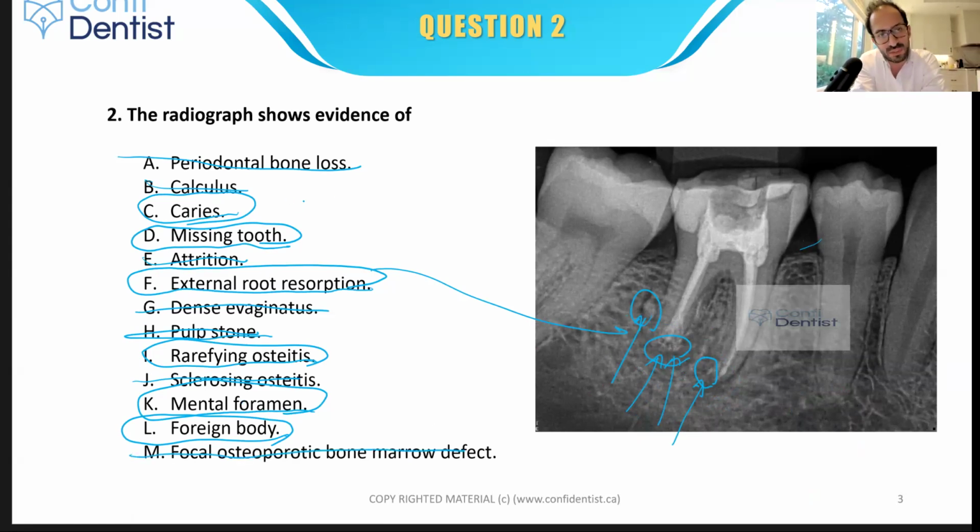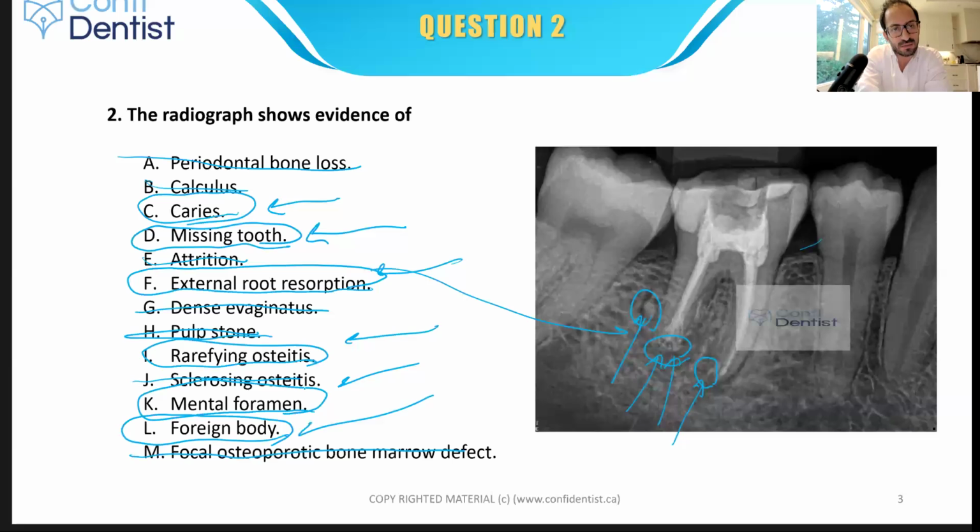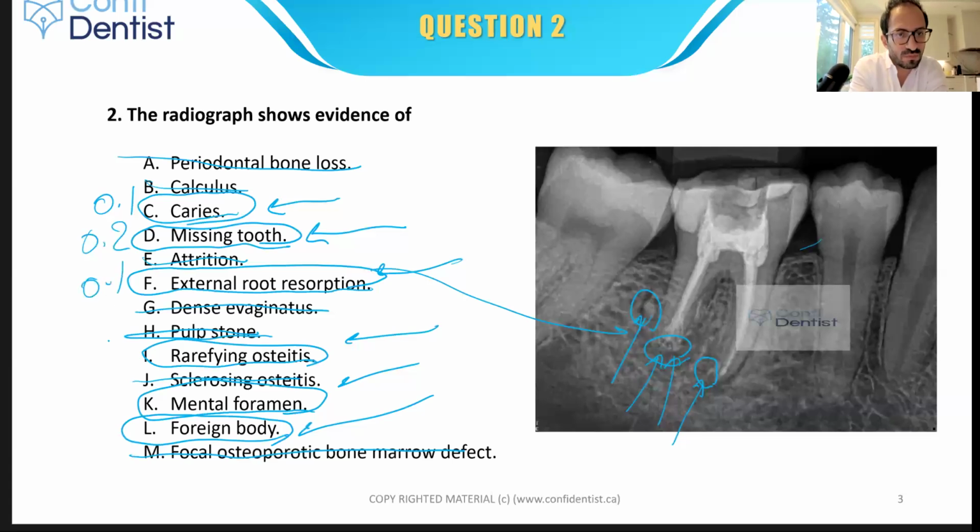So the answers are options C, D, F, I, K, and L. Okay, so 0.2, 0.2, 0.1, 0.2, 0.2, and 0.2. And all the other options are -1.